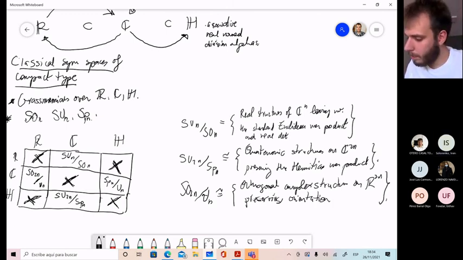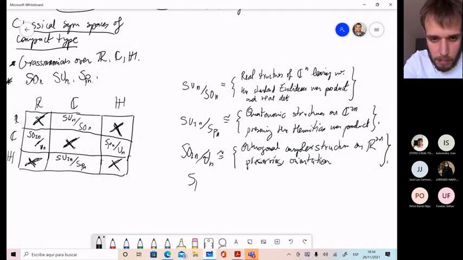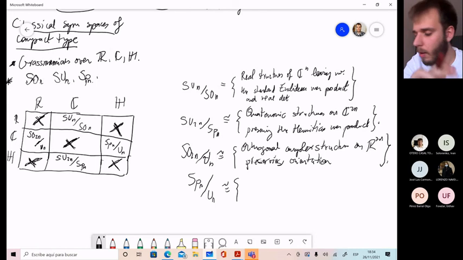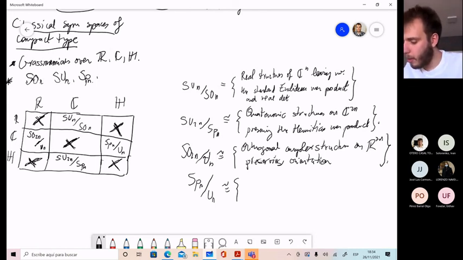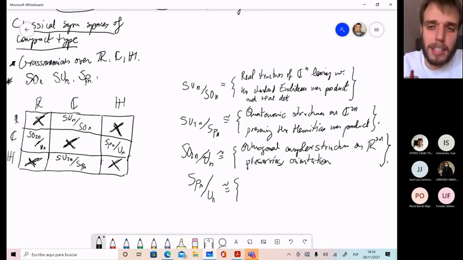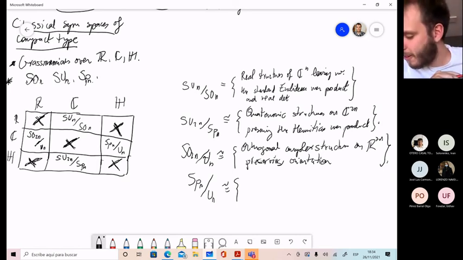Okay, and the last one is Sp(N) mod U(N). And now I have, between commas, I say complex structures on HN, but now I mean exactly the same analog of real structures of Cn.